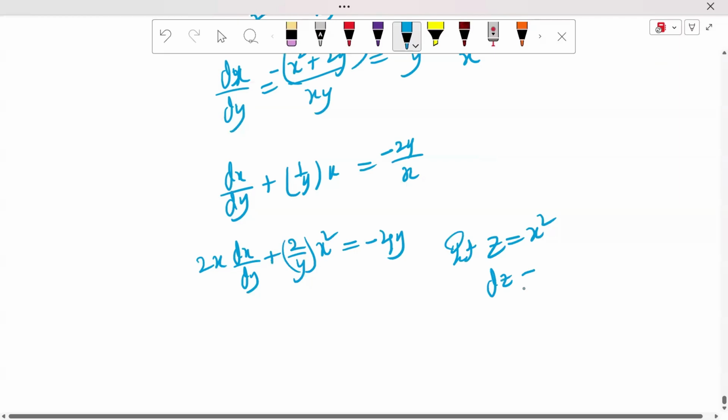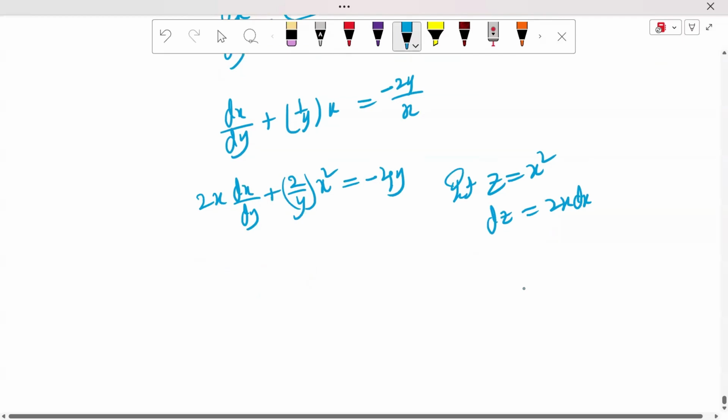It is dz is equal to 2x into dx, sir. For example, here dz by dy, integrating on both sides, is 2x into dx by dy.